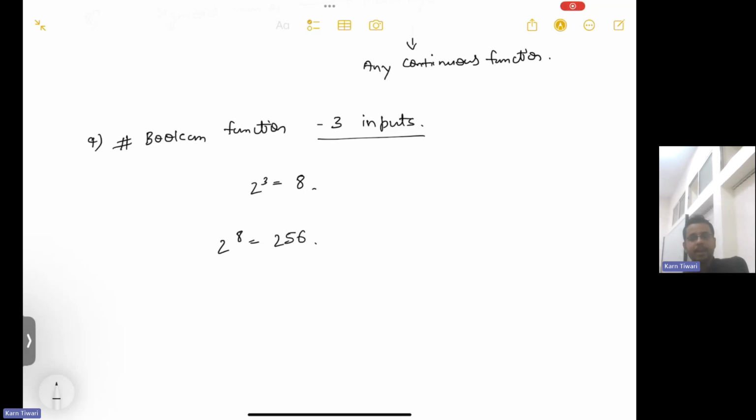We have 3 inputs, each with the value 0 or 1, so the number of combinations we can have is 2 to the power 3, that is 8. And with the 8 different input combinations, you can have, for example, 1 for one of them and 0 for the rest. So how many different combinations in such a way? 2 to the power 8.